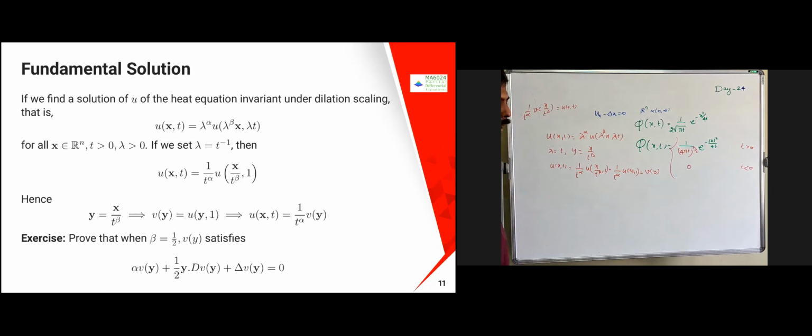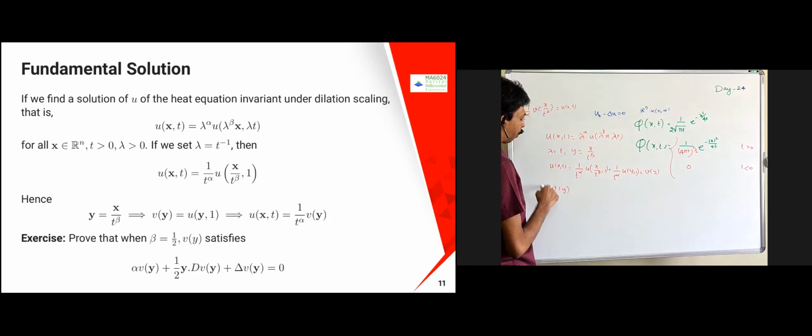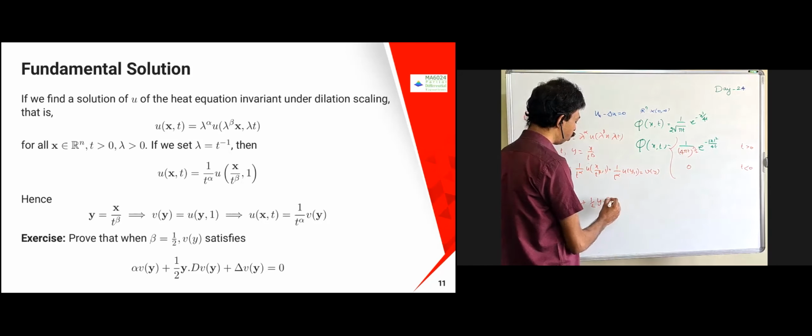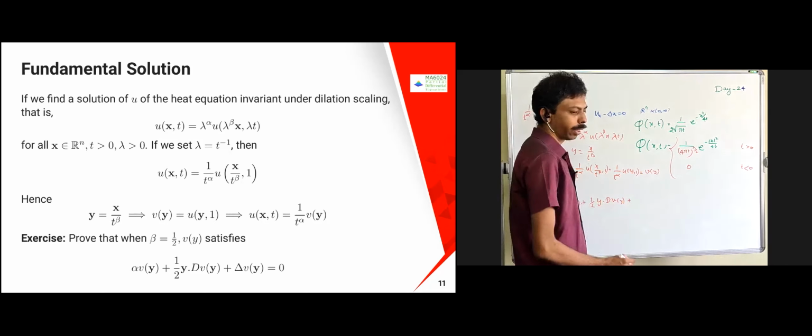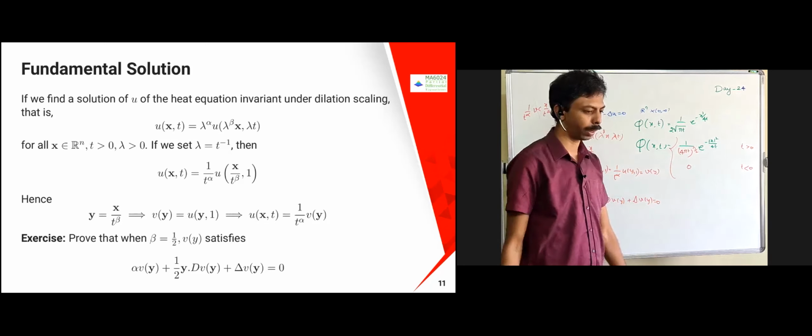So if beta equal to 1 by 2, do the same way as I did in the one-dimensional case, calculate the derivatives, v_x, v_t, etc. Then you are going to claim that v of y satisfies this part: alpha into v of y plus half into y dot gradient of v of y plus the Laplacian of v of y equal to 0. This is going to be satisfied.